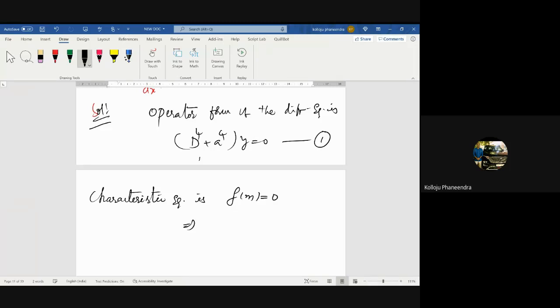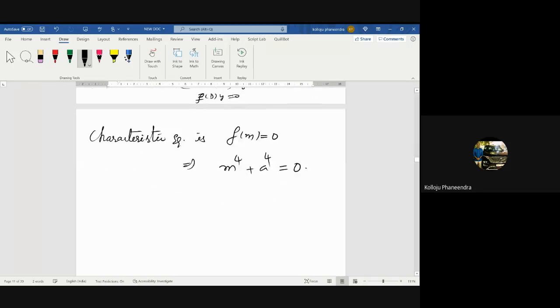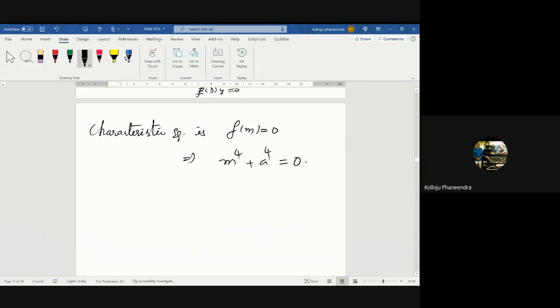This is f of d. F of d into y equal to 0. You can take small or capital, doesn't matter. So what is this? It is m power 4 plus a power 4 equal to 0. Now tell me the roots. Yes, come on. Anyone? Explain.